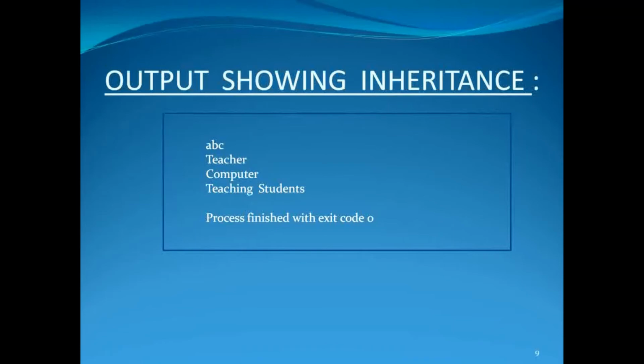So the fields of the base class plus the methods of the base class plus the new fields of the subclass, all are present in the subclass. So this is the advantage of inheritance in OOPS.